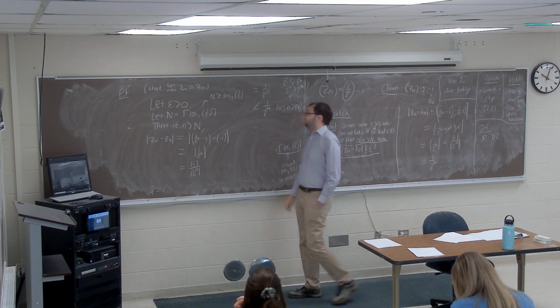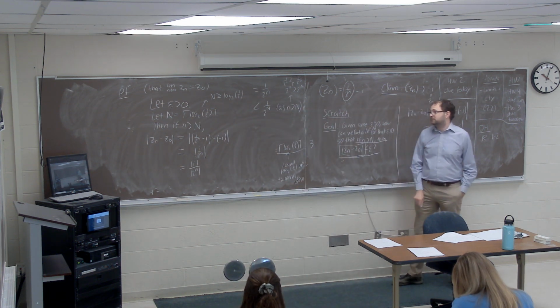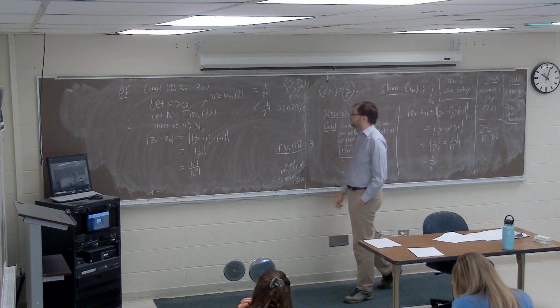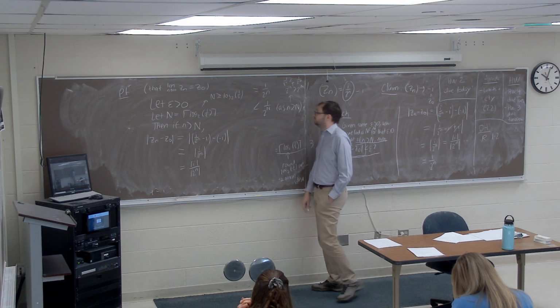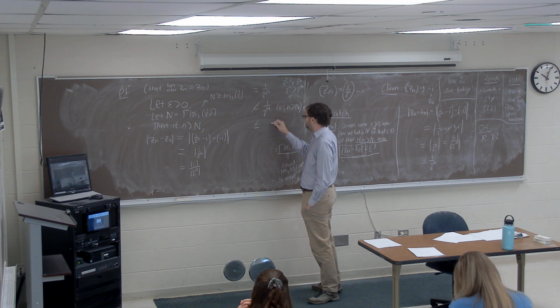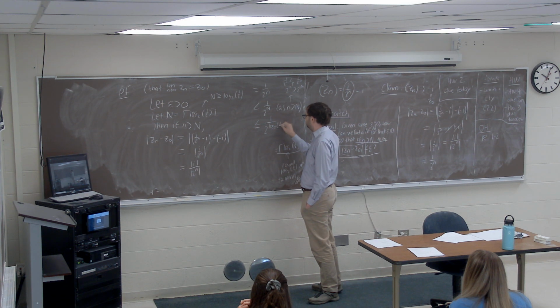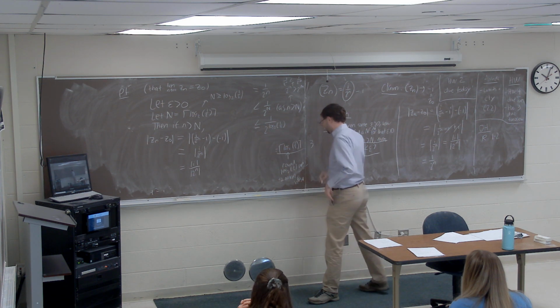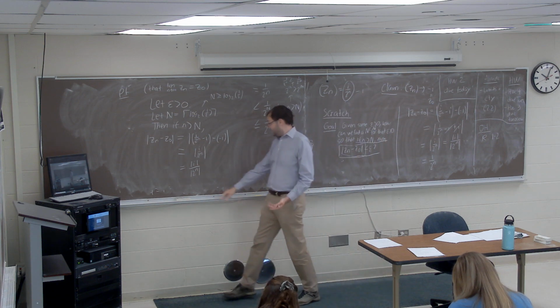I agree with that. So if we take that over to our fraction, then we can say 1 over 2 to the big N is going to be less than or equal to 1 over 2 to the log base 2 of 1 over epsilon. Indeed, that's absolutely right.